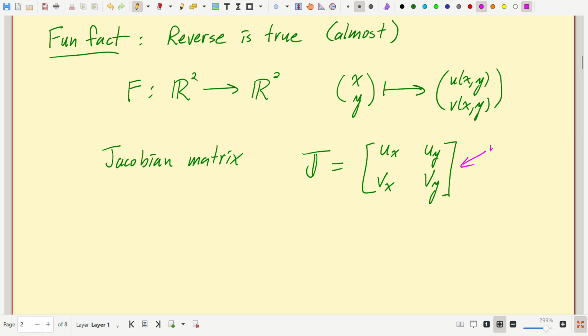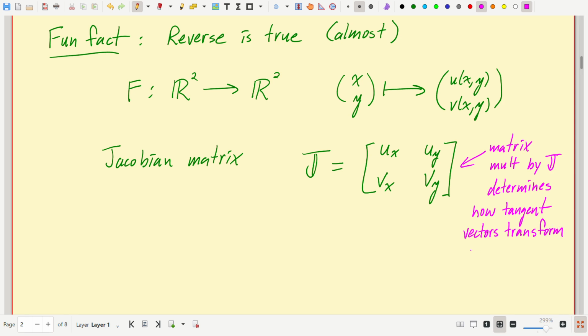So matrix multiplication by J determines how the tangent vectors transform under F. Okay, and you learned how to do that in Math 261.